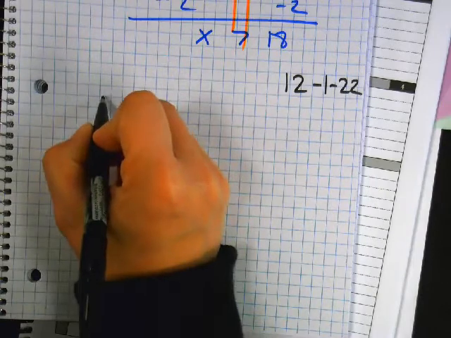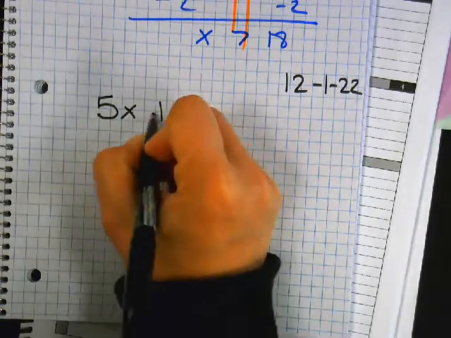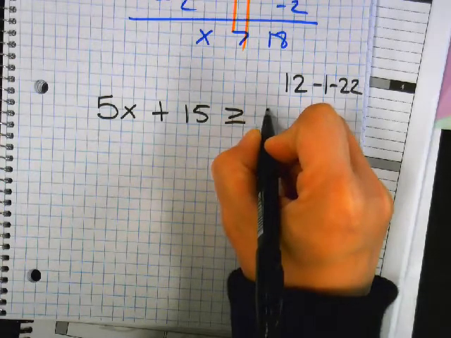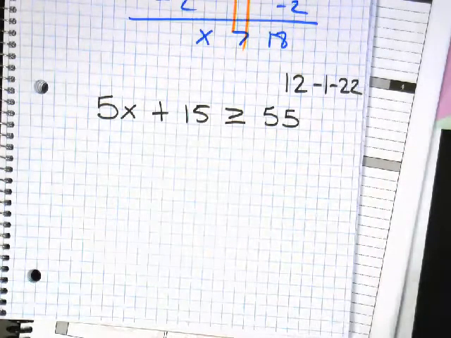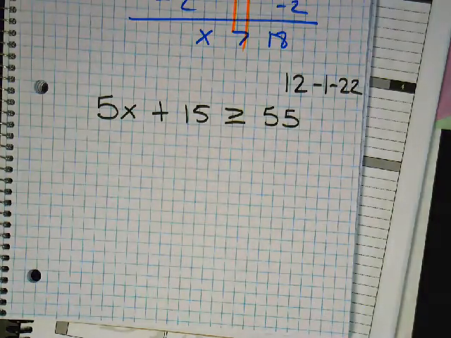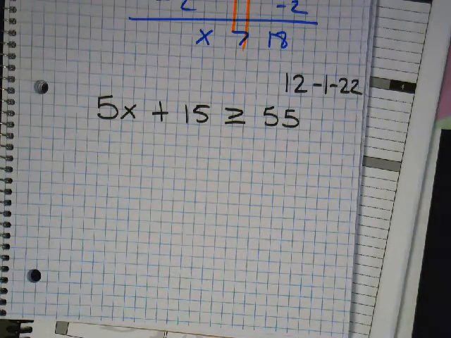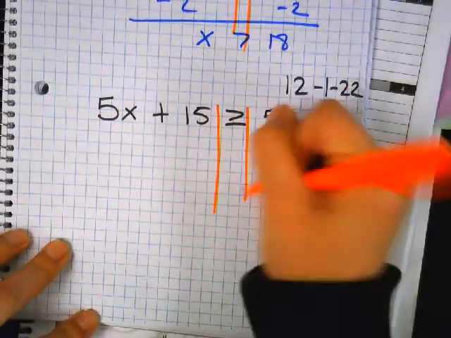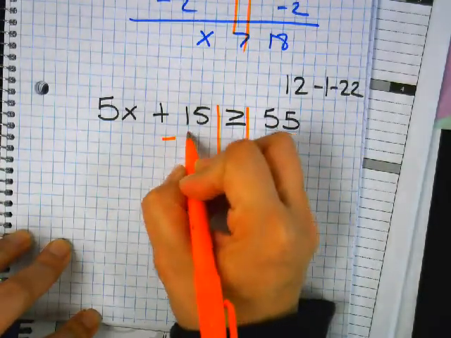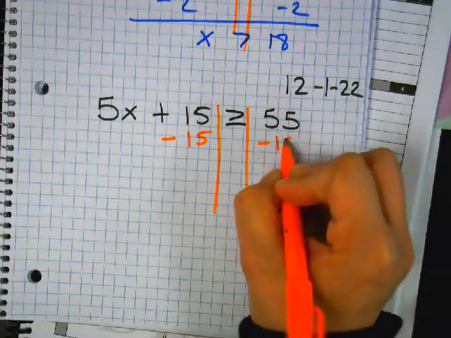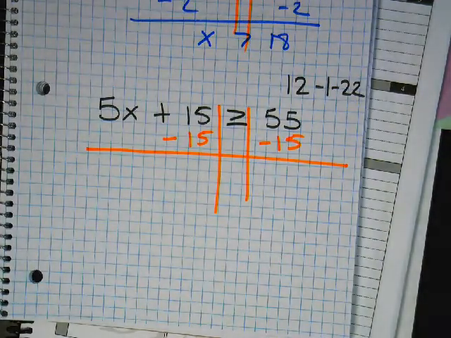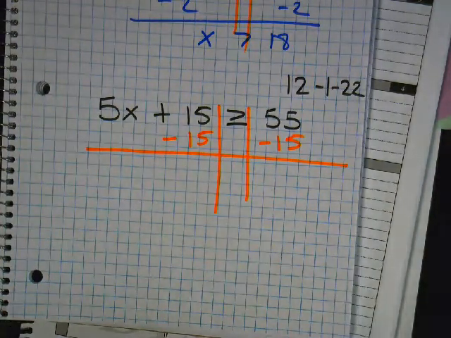If you have 5x plus 15 is greater than or equal to, let's say, 55, what number do I move first? 15. How? Subtract 15. It's the furthest away on the same side. That leaves 5x is greater than or equal to 40.